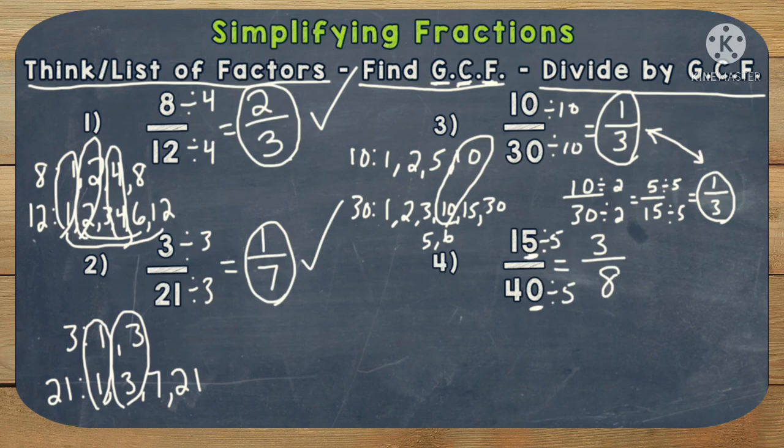Well, I know 1 and 3 are the only factors of 3. But 3 is not a factor of 8. So the only common factor between 3 and 8 is actually 1. So this is done. You are simplified with that 3/8.